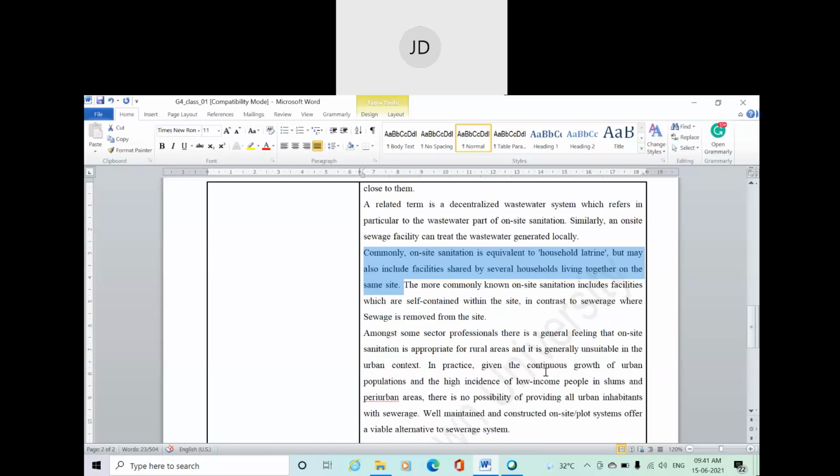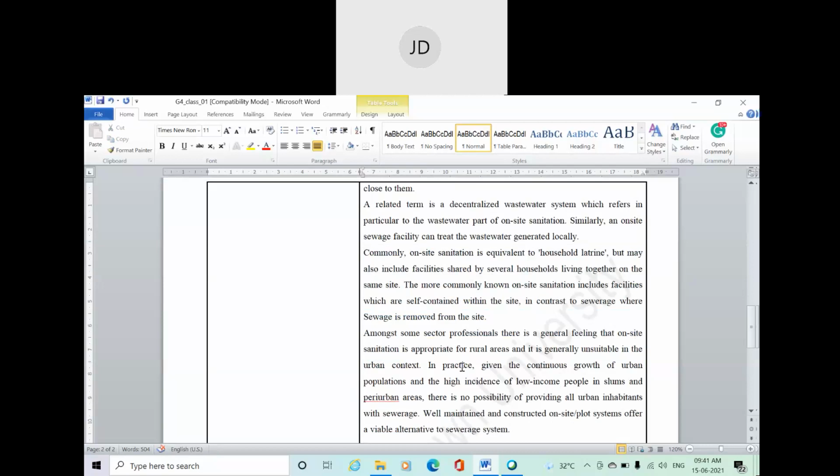Amongst some professionals, there is a general feeling that on-site sanitation is appropriate for rural areas. So it is said that for rural areas, on-site sanitation is preferable. Okay, it is appropriate for rural areas, and it is generally unsuitable in the urban context.